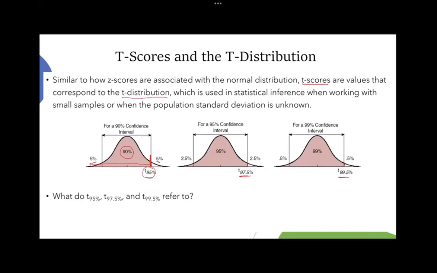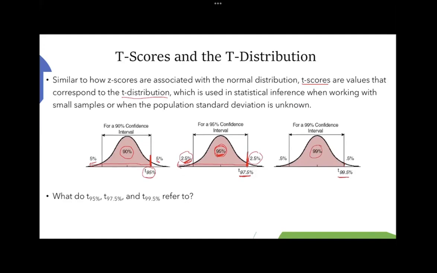And if we do the same thing with 95% in the middle and recognize that that leaves 2.5% on the left and 2.5% on the right, this 97.5 represents the sum of 95 and 2.5. It's the entire amount of area going down to negative infinity to the left of this vertical line here.